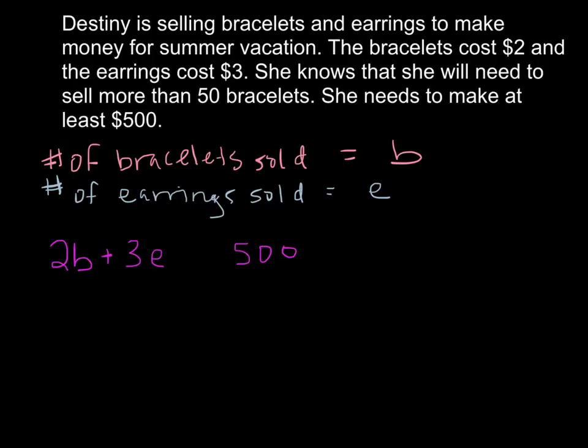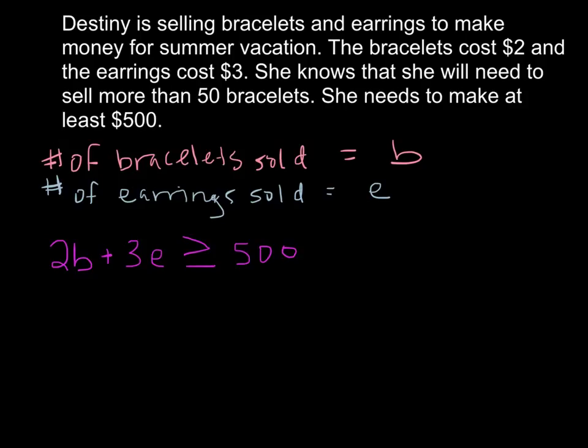Is, say, $550 at least $500? Yes. So at least means more than, so greater than or equal to, right? Because she can make $500, but she just has to make more than or equal to, correct? So we're going to draw the more than or equal to because the alligator is chomping on the thing that's bigger, correct? Yes. So we've got one equation, and now we need our other equation.